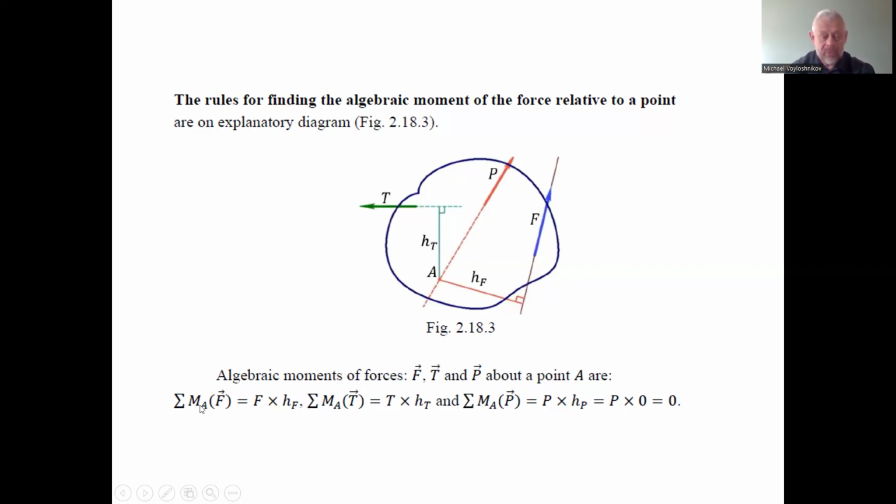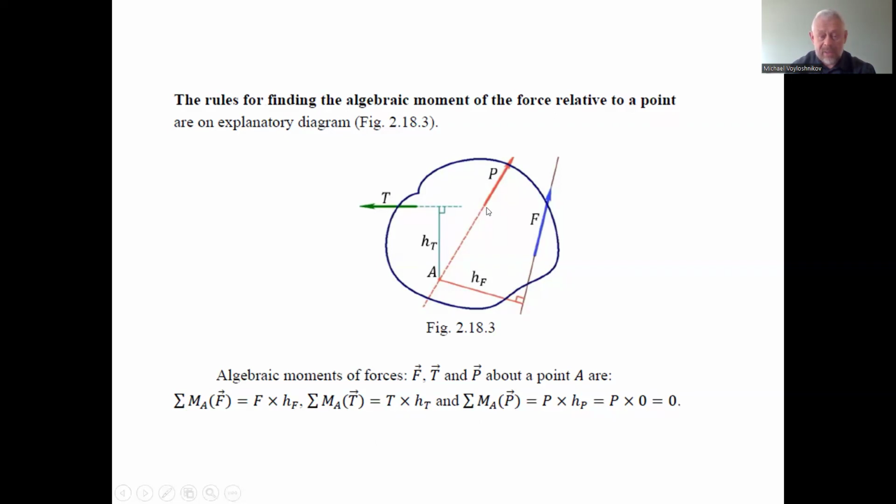The total moment of all forces around point A is the product of the force F, and we consider that F can be the resultant of a set of forces. So the total moment we indicate as the sum of the moments of all components of the force F, as well as force T, the total of all components, as well as force P. Each could be the resultant of many components.